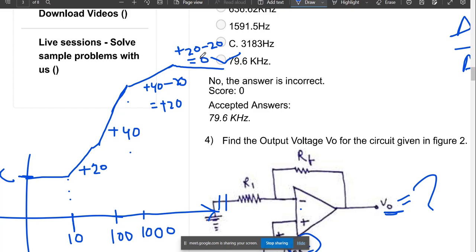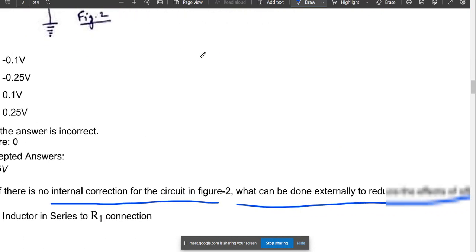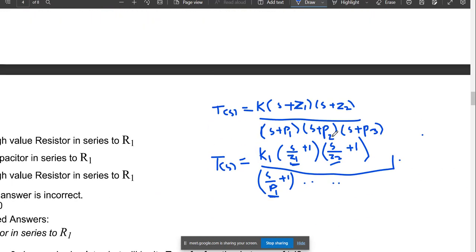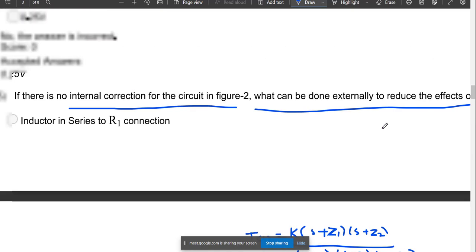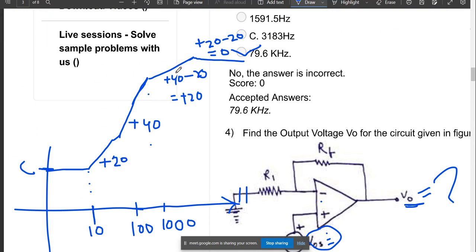Now another pole, P3, is added. Let's say P3 is 10 to the power 5. First here it's 10 to the power 4, and at 10 to the power 5, another pole is added. Again it will subtract from the slope, and instead of 0 it will become minus 20. Understood?